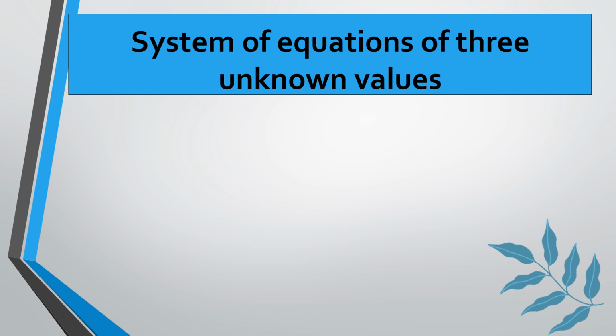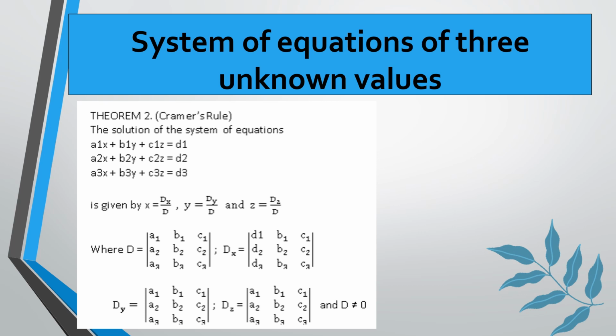System of equations of three unknown values. Theorem 2. Cramer's rule.